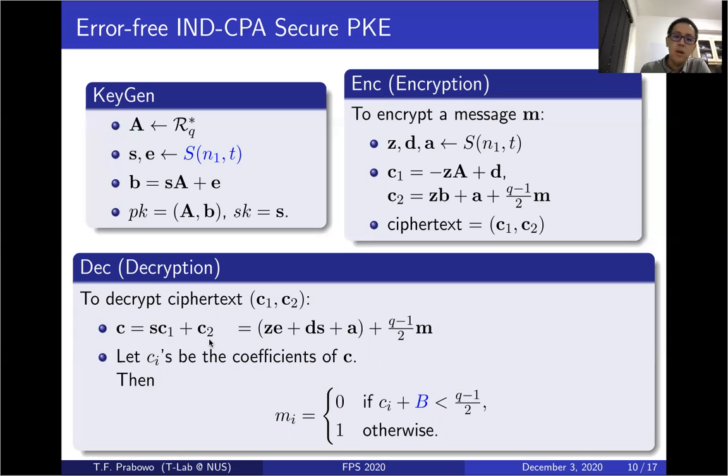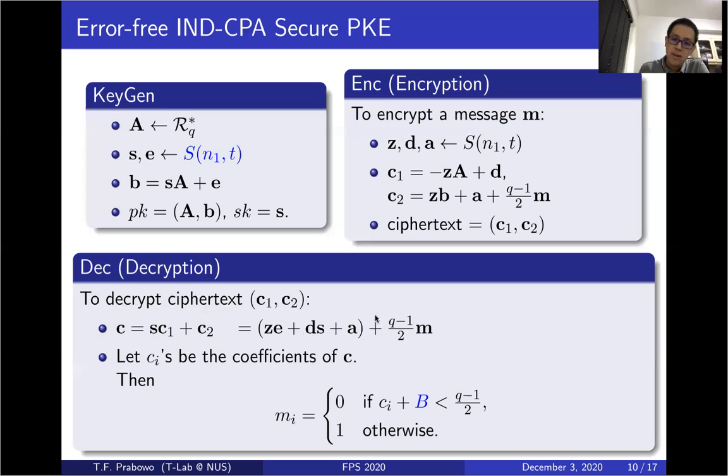It's a polynomial. It has some coefficients, called the coefficients Ci. And the decryption is all about Ci plus B. If Ci plus B is less than (q minus 1) over 2, then the message is 0. Otherwise, the message is 1. You might guess that this (q minus 1) over 2 actually comes from here, because C is this thing plus (q minus 1) over 2 times the message.